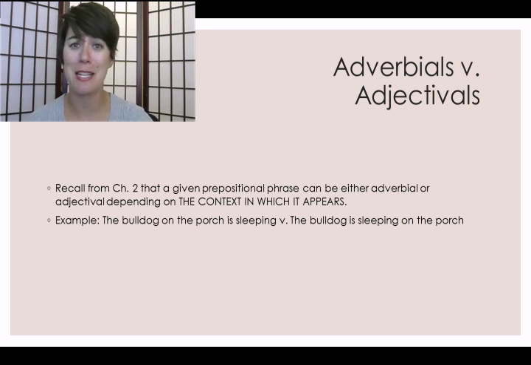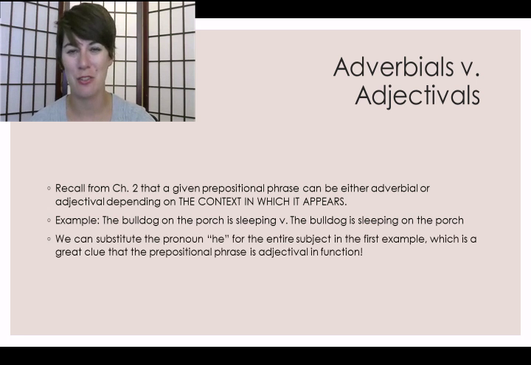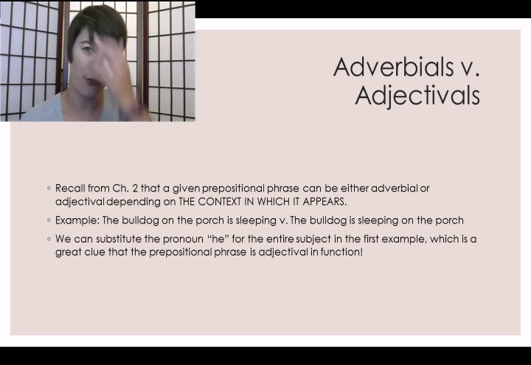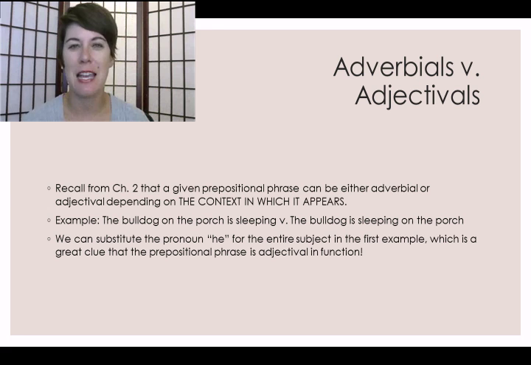So we need some tips and tricks to figure out if we're dealing with an adverbial versus an adjectival. One great tip is to substitute a pronoun for the entire subject. This can help us figure out where the subject begins and ends, but it can also figure out if something is adjectival. For example, if I said, the bulldog on the porch is sleeping, I could very easily substitute the pronoun he for the entire subject, including that adjectival prepositional phrase.